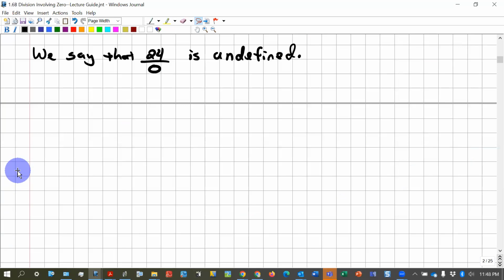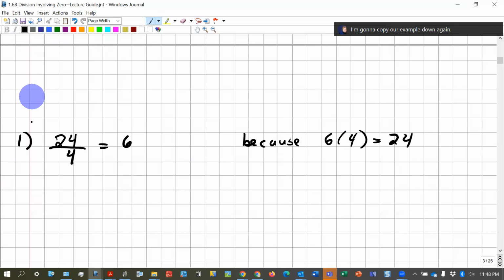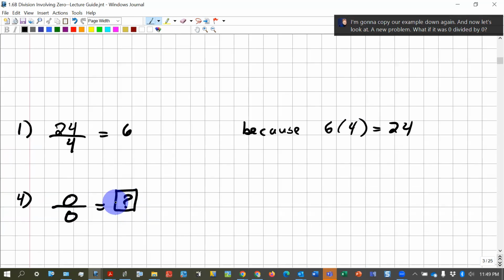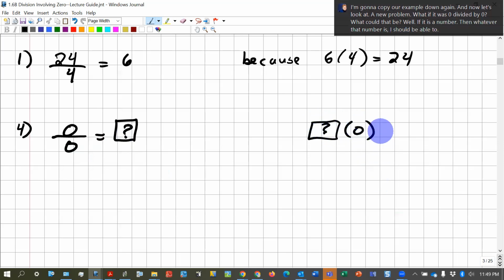I'm going to copy our example down again. And now let's look at a new problem. What if it was 0 divided by 0? What could that be? Well, if it is a number, then whatever that number is, I should be able to multiply it by 0 and get 0.